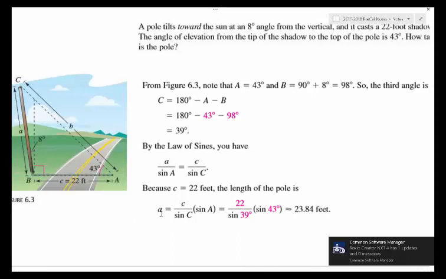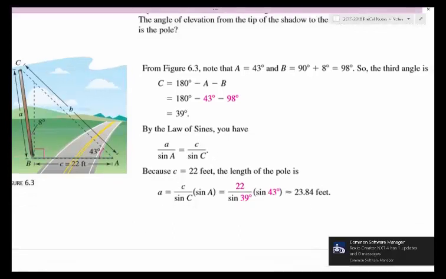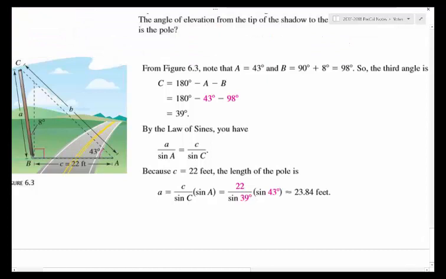So now I set up my law of sines, and I'll set up the ratio for you so you can see it.